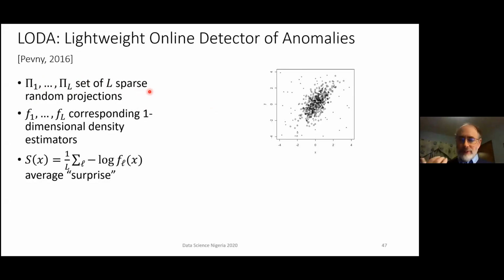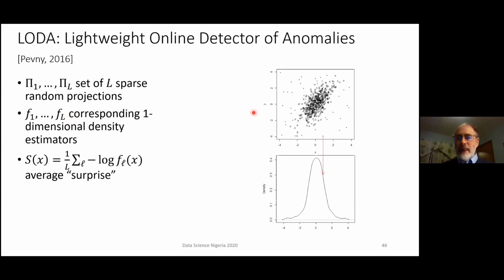Take the dot product between the weight vector and an instance, and that gives you a single real value, and then you build a one-dimensional histogram or one-dimensional density estimator of that projected value. So we're going to fit a capital L one-dimensional density estimators, each one fit to a different projection.